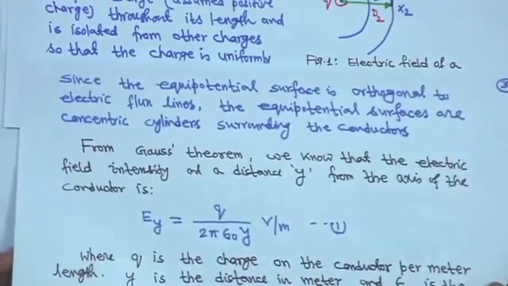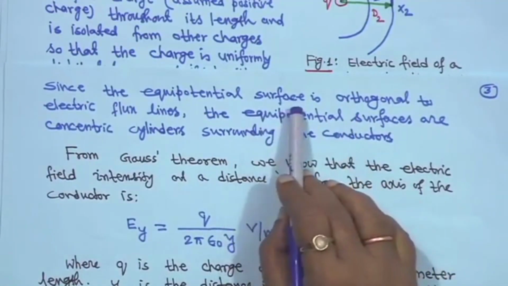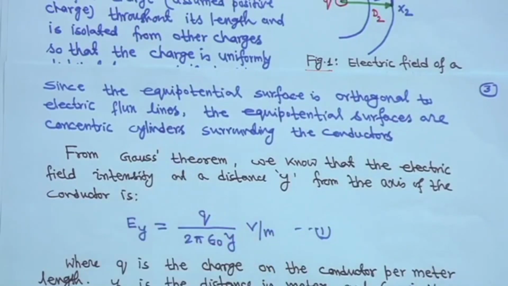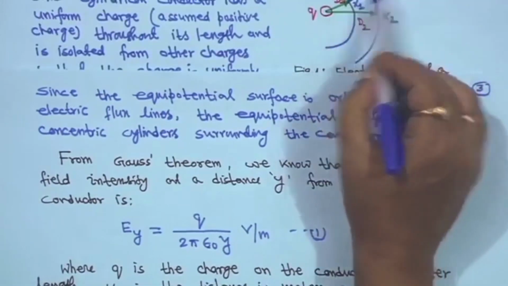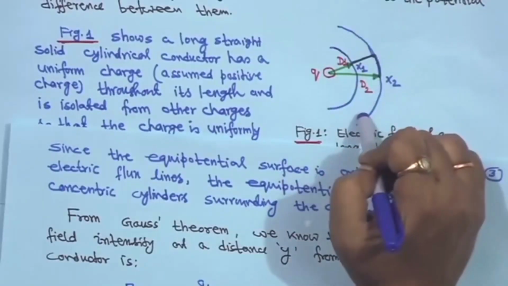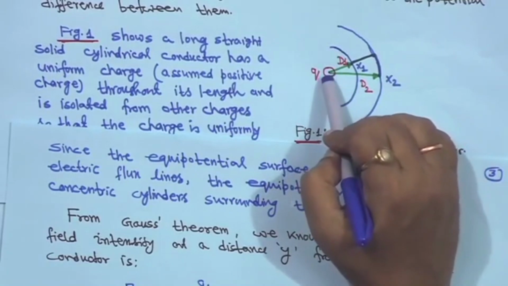Since the equipotential surface is orthogonal to the electric flux lines, the equipotential surfaces are concentric cylinders surrounding the conductor. Their radius is the same, their center is the same.